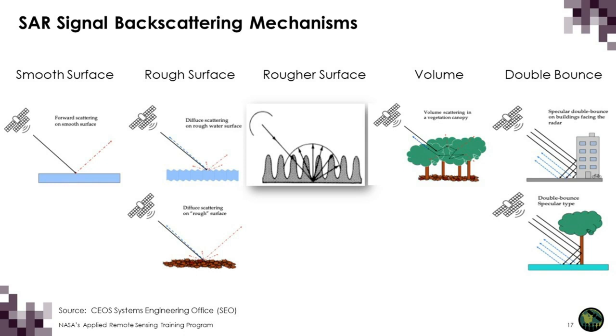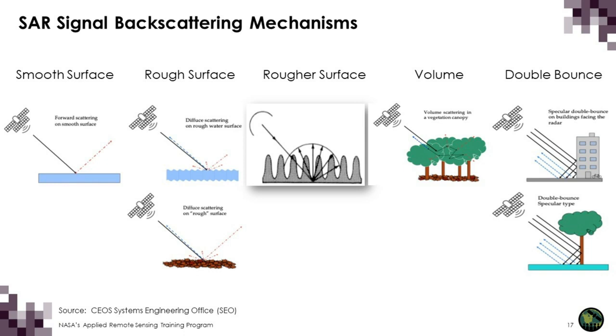right angle that deflects the incoming radar signal off both surfaces, causing most of the energy to be returned to the sensor. These areas appear very bright in the radar images and are commonly seen in flooded vegetation because of the interaction between the smooth water surface and vertical structure of the vegetation, such as the trunks.